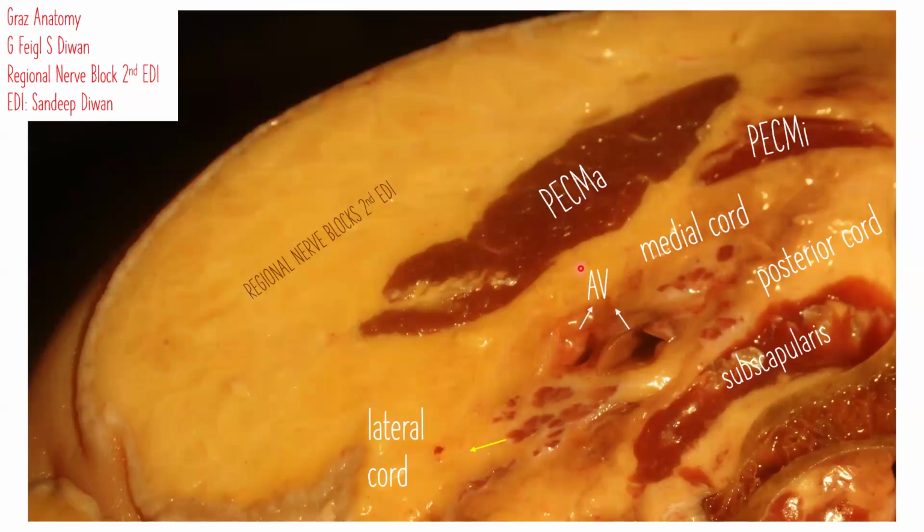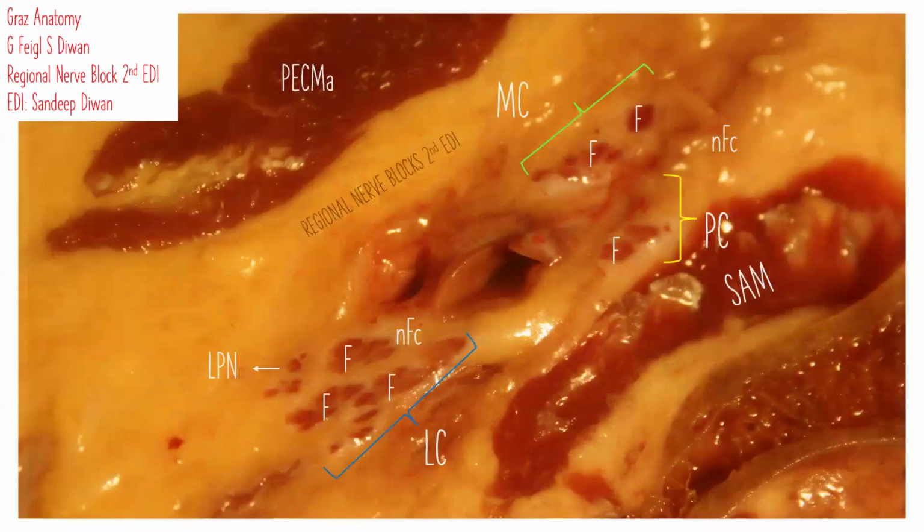You have the axillary vessels, the artery and the vein. This would be the lateral cord. That would be the medial cord, and this is the posterior cord. So in the cross sections, you may not see as you can see in the dissected specimens. The topography might change from specimen to specimen.